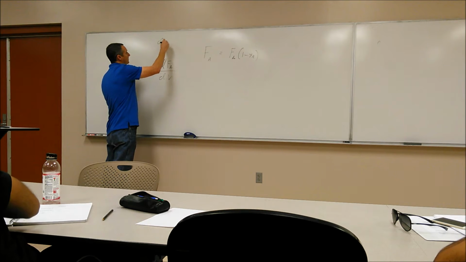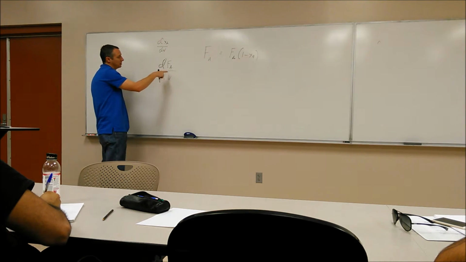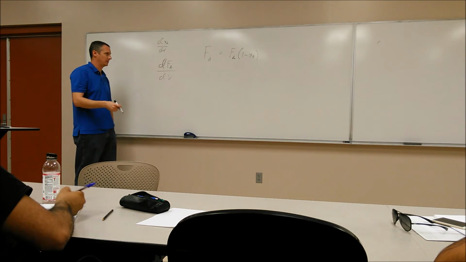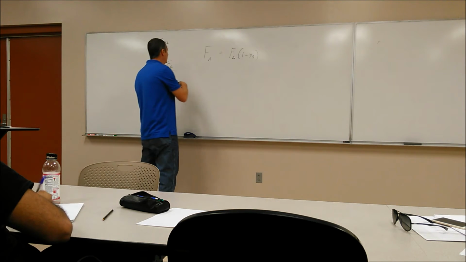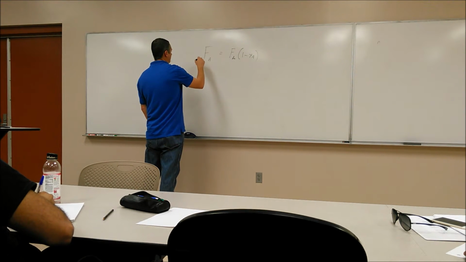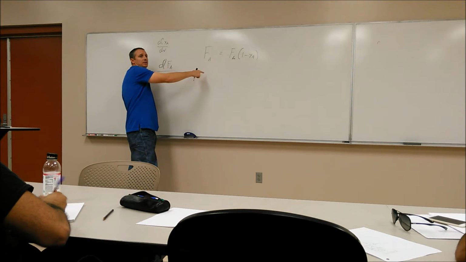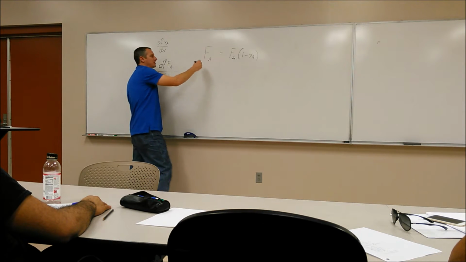such that you end up with this dXA over dV. If you want to change a variable, look that up in a textbook if you need better instruction. But if you want to do a change in variable, then you simply take the derivative of what you're trying to sub for with respect to what you are going to sub it with. If that makes sense.